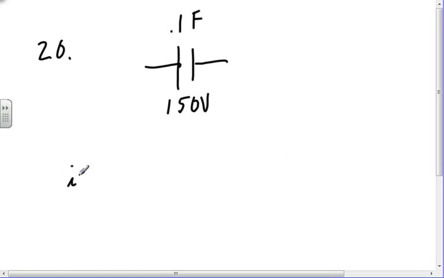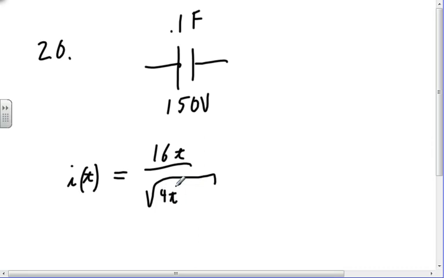So I of t equals 16t divided by the square root of 4t squared plus 9 amps through the circuit. I wonder where they're getting these sources from. Find the voltage across the capacitor in 2 seconds.